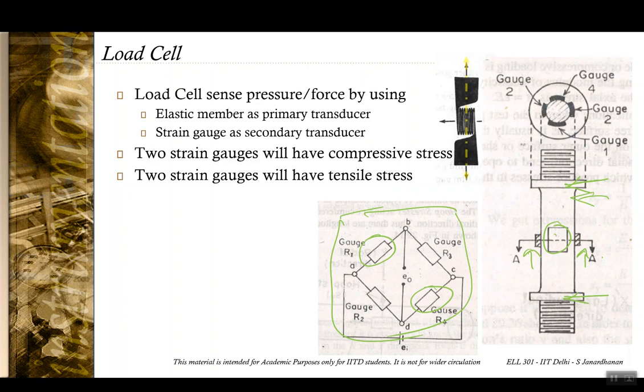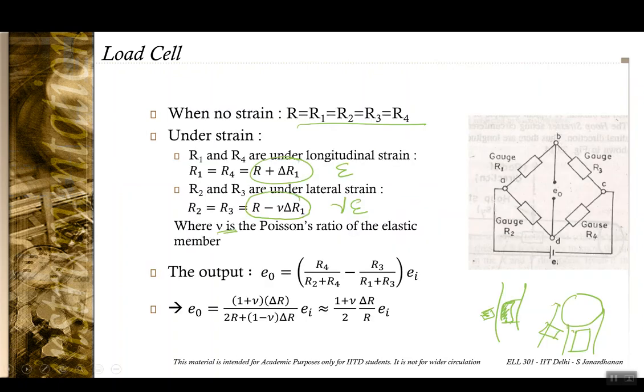It is not the Poisson ratio of the strain gauge. It can't be determined from the gauge factor of the strain gauge. Mu is the Poisson ratio of the elastic member, and of course the output is given by this expression, which when you simplify would turn out to be this one.